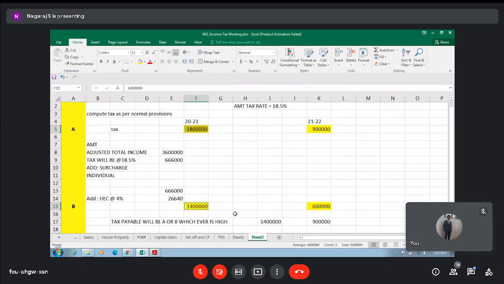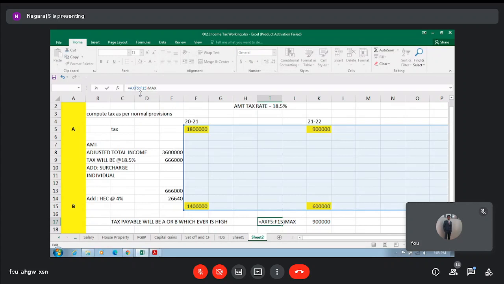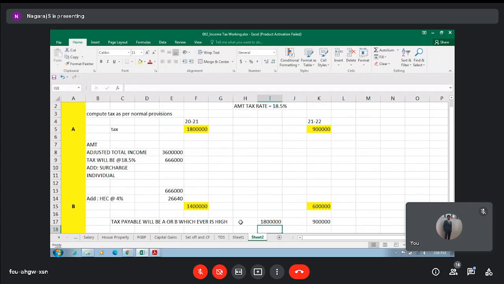Whichever is higher. So we will pay 18 lakhs tax.